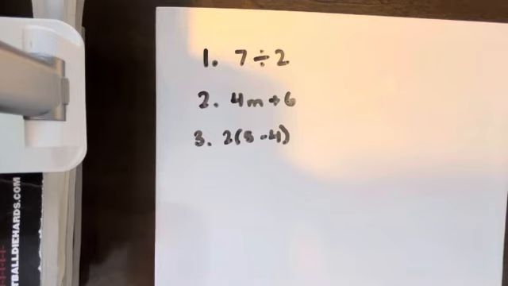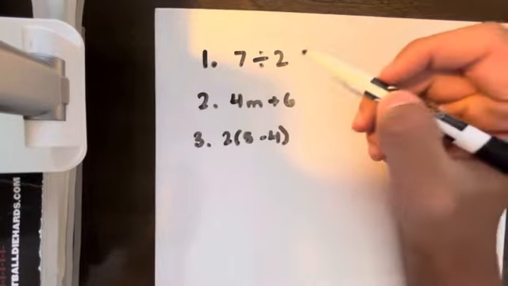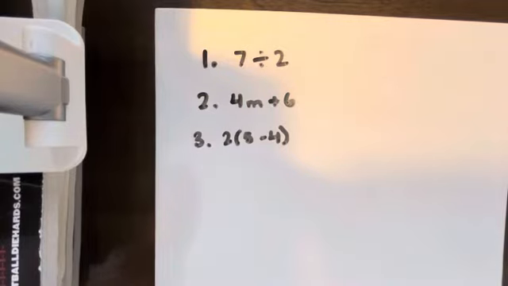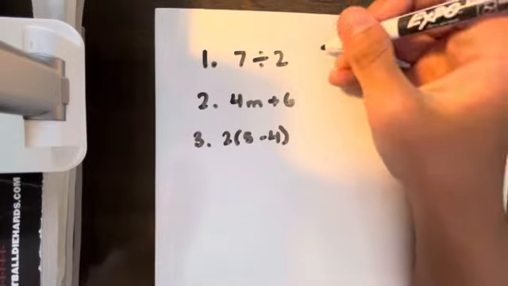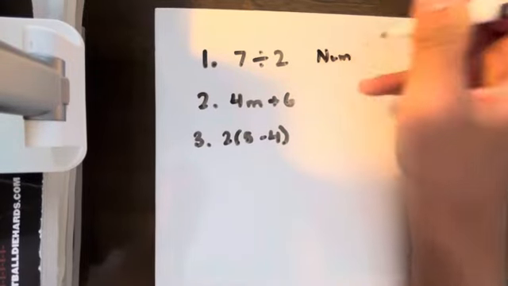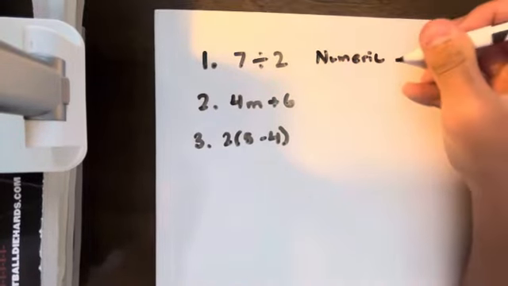Remember, an algebraic expression has a variable included. A numerical expression does not include a variable. Go ahead, work on these problems on your own, and we'll go over it right now. First of all, 7 divided by 2. See any variables in it? No. That would mean this is numeric. Numeric expression.